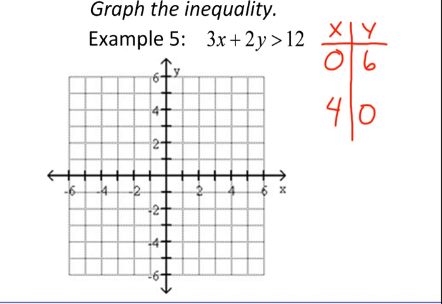All right, let's go ahead and graph this. 0, 6, and then 4, 0. So we basically found the intercepts, the x and y intercepts for the inequality. All right, so it's a dashed line.